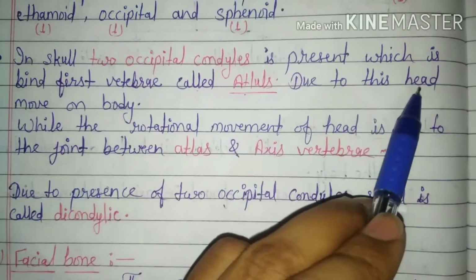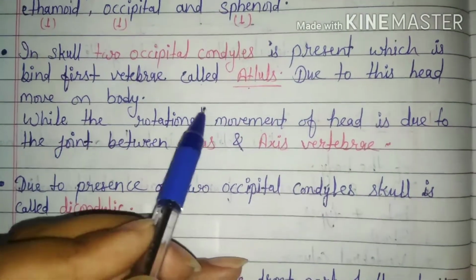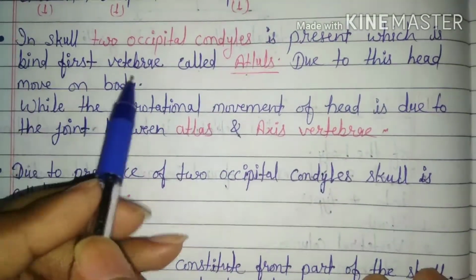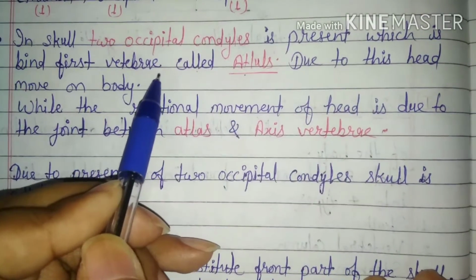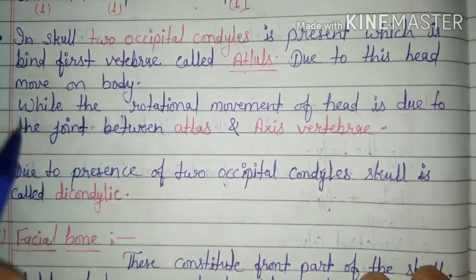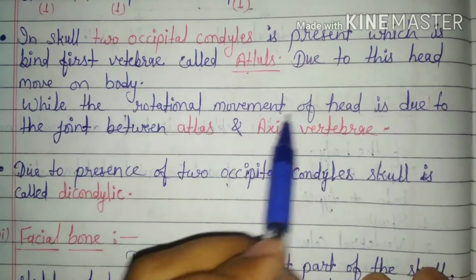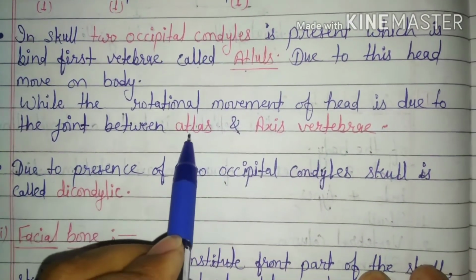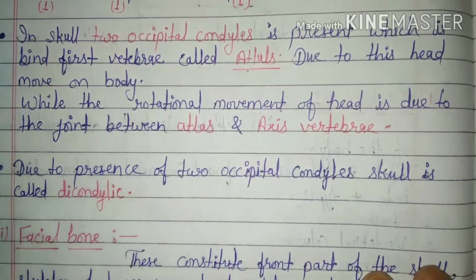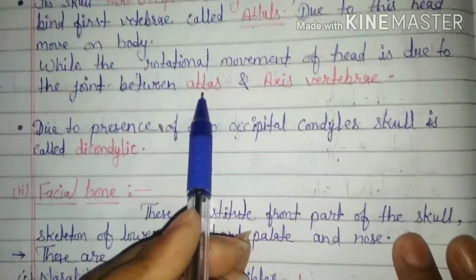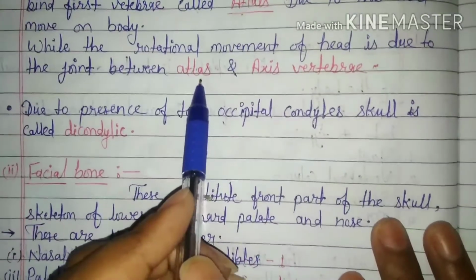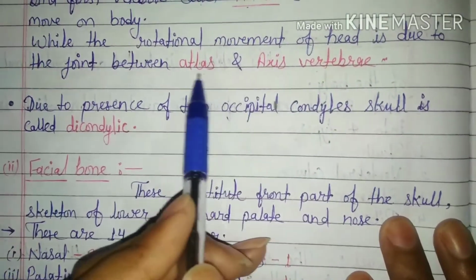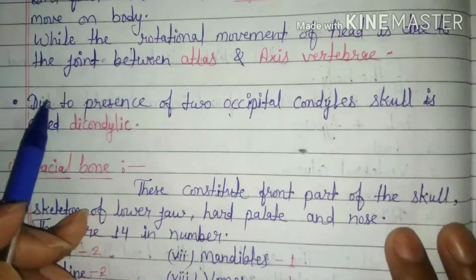Due to this, the head moves on the body, because the two occipital condyles bind with the first vertebra through a joint called a hinge joint, while the rotational movement of the head is due to the joint between the atlas and axis vertebrae. Atlas is the first vertebra of the cervical region and axis is the second vertebra of the cervical region. The cervical region represents the neck region of the body.